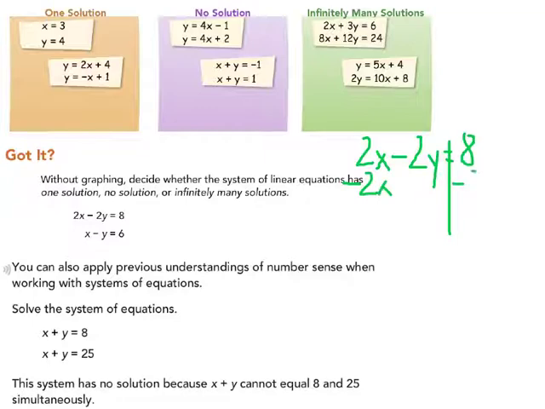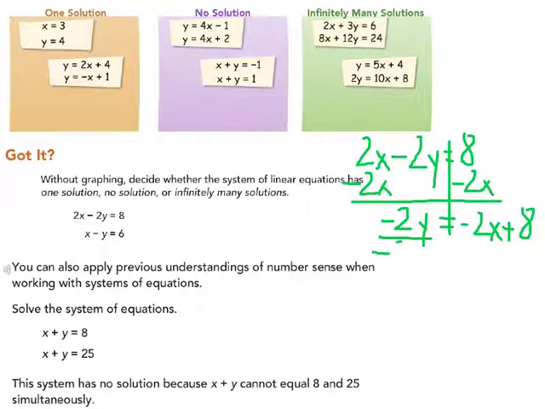Keep in mind that when I get rid of that 2x, I still have a negative 2y on the left, and then I have negative 2x plus 8 on the right. Then I divide everything I see by negative 2, and I have y equals x minus 4.